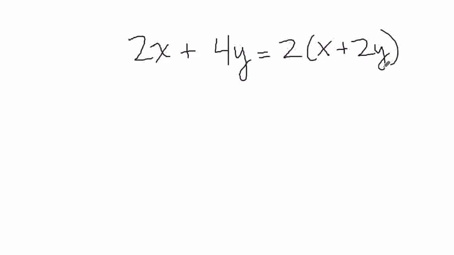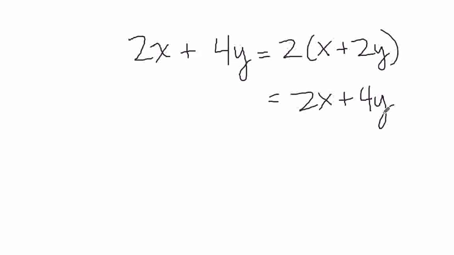Now, if you can't see why those are equal, think back to the rules for distribution. If we were to distribute the 2 into the parentheses, we would multiply each piece inside the parentheses by 2. So we would get 2x plus 4y. See that? So notice we got back to where we started.